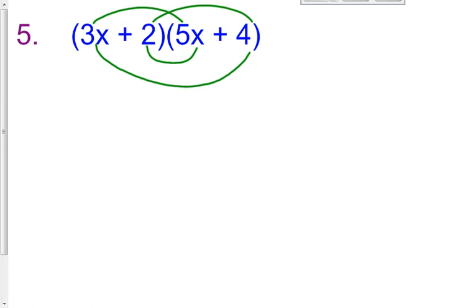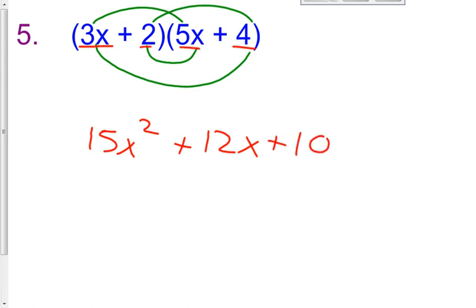So first times first, 3x multiplied by 5x is 15x squared. Then we have our outside term of 3x times a positive 4, making a positive 12x. Our inside terms of 2 times 5x, giving us 10x. And then the last term, 2 times 4 is 8.